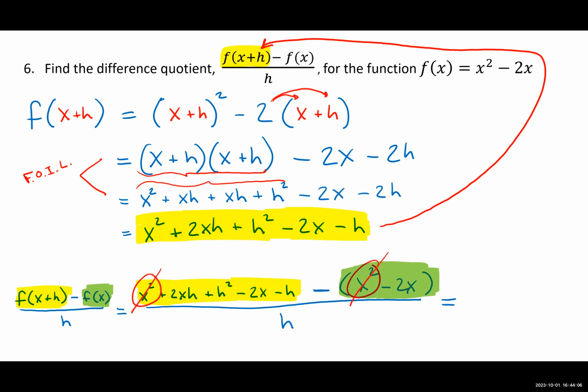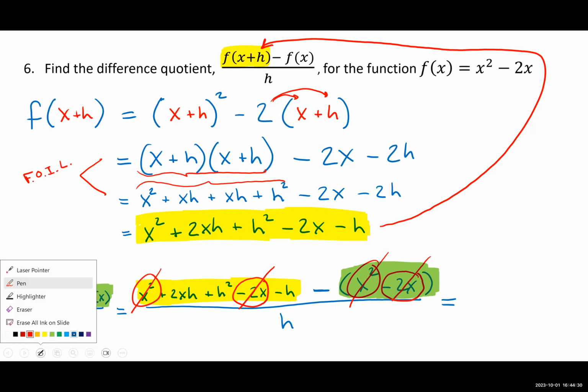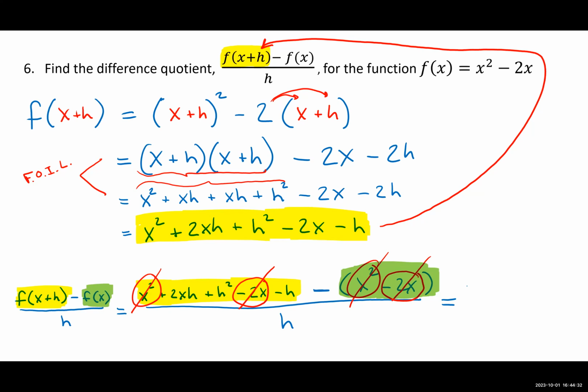We've got a negative 2x, and this is actually a positive 2x on this side, because we have the minus on the outside, the blue one, and then a minus in the green. Two negatives make a positive. So this negative 2x will cancel this positive 2x. Running low on space, but we're about 2 steps away.